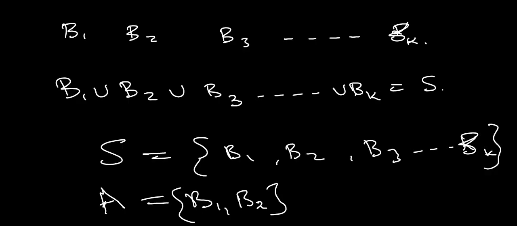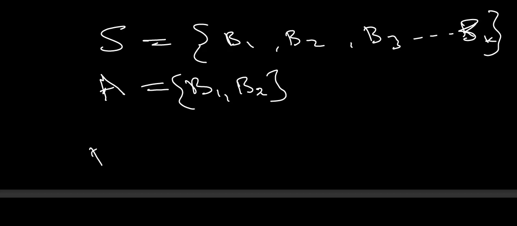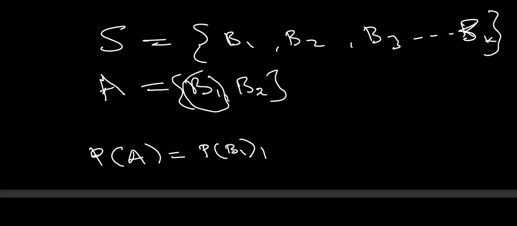We can always get the probability of A. So the probability of A can be given as the probability of B1, the first event in A, times the probability that A has happened given that B1 has already happened. That's what we are saying.